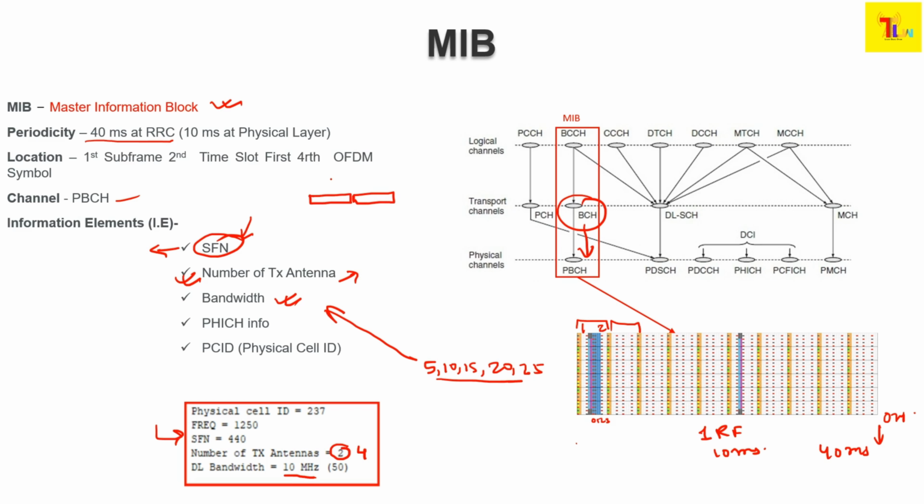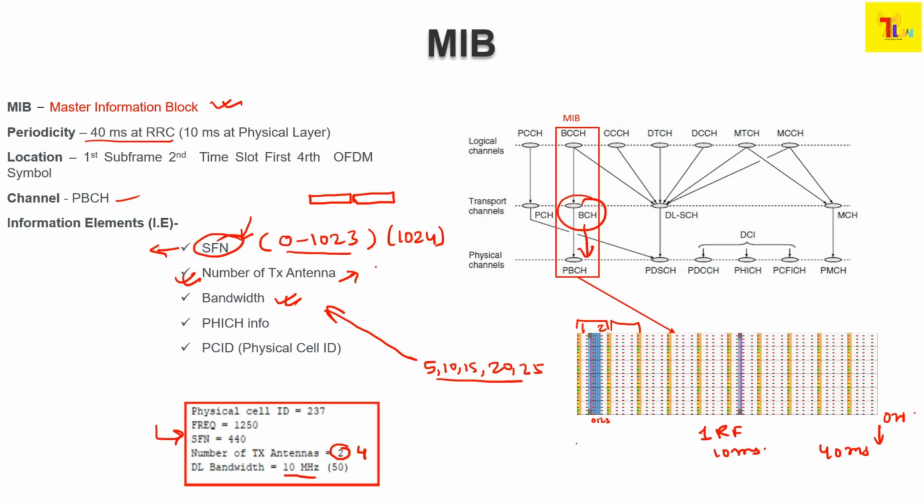It is a count, like a clock kind of thing, which ticks every 10 millisecond, and when it ticks, it jumps to the next number. The range of SFN is 0 to 1023, so in total you can say 1024 counts. So it ticks in every 10 millisecond to the next number.